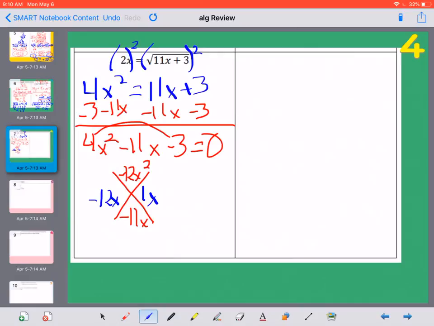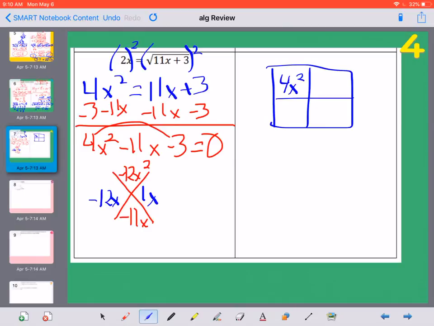So now that I have those two numbers, I can come up with my box here. My A is 4x squared. My C is negative 3. Then I have negative 12x and 1x.